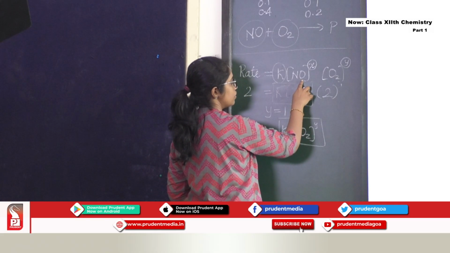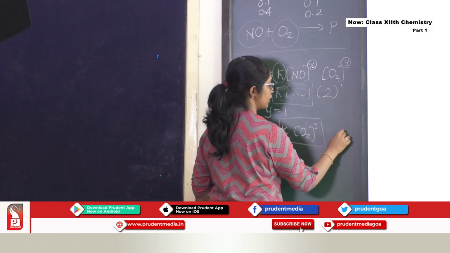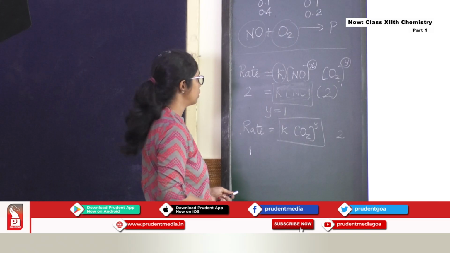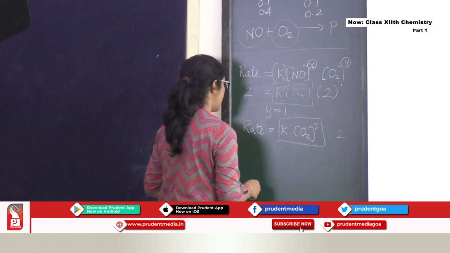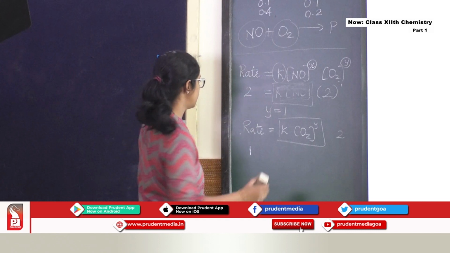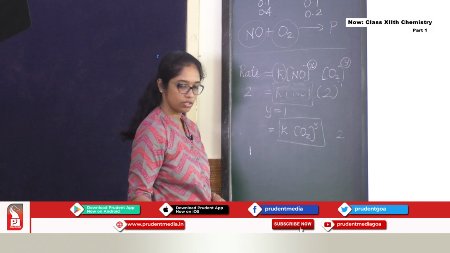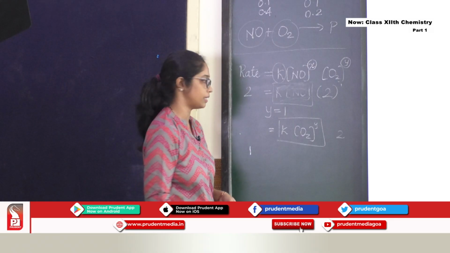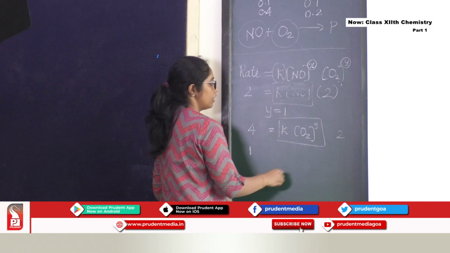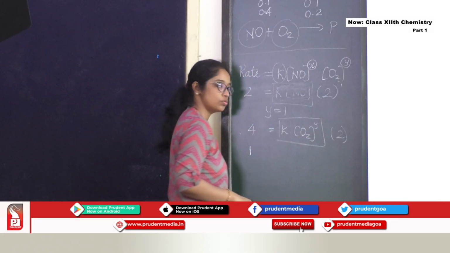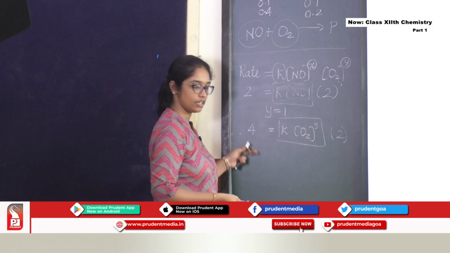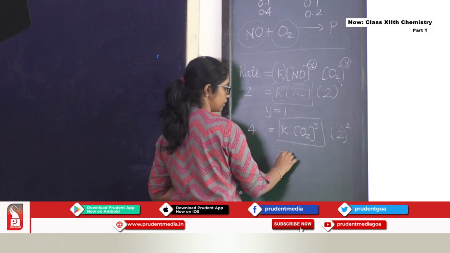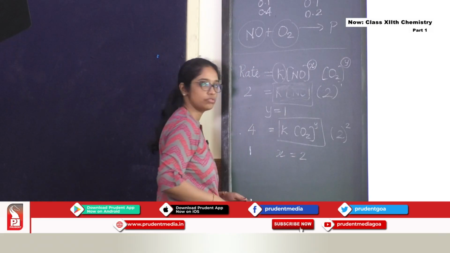While the concentration of nitric oxide is increasing 2 times in the first and the second observation, from 0.3 to 0.6, the rate of the reaction is changing from 0.1 to 0.4. That means it is increasing 4 times. Now, we need to find what 2 has to be raised to so as to give you 4 as the answer, and that is going to be 2. So, the value of X here is going to be equal to 2.